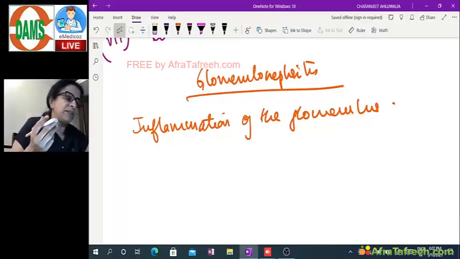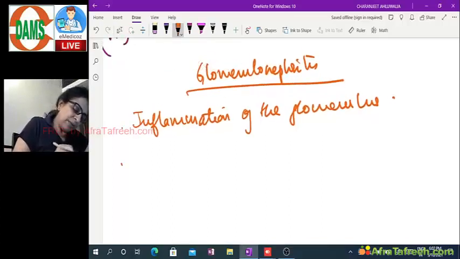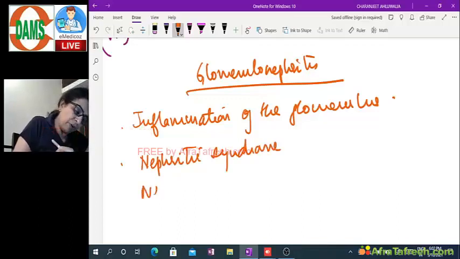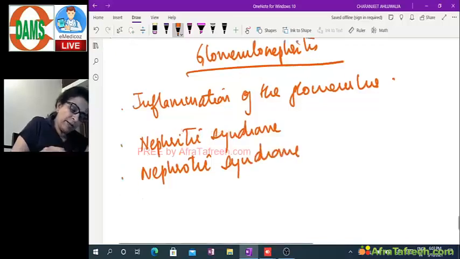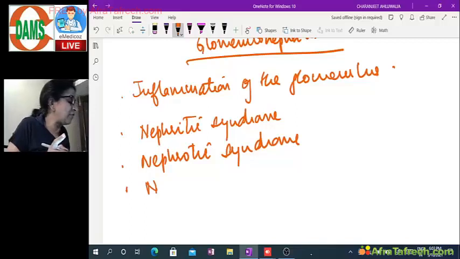Patients can present with nephritic syndrome, or nephrotic syndrome, or there will be co-presentation with features of both nephritic and nephrotic syndrome.